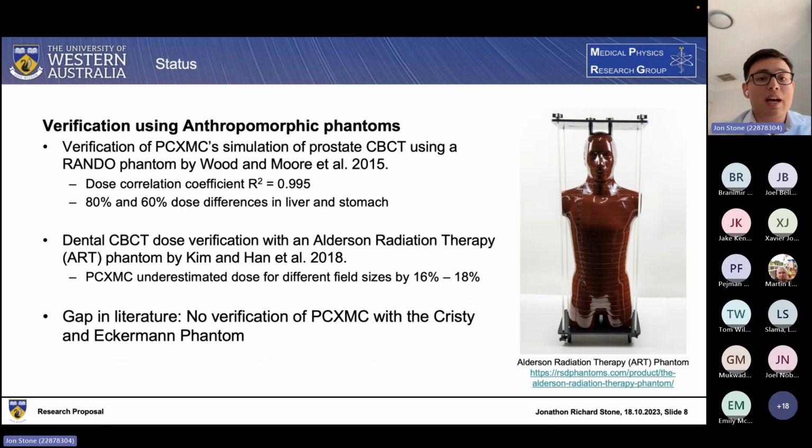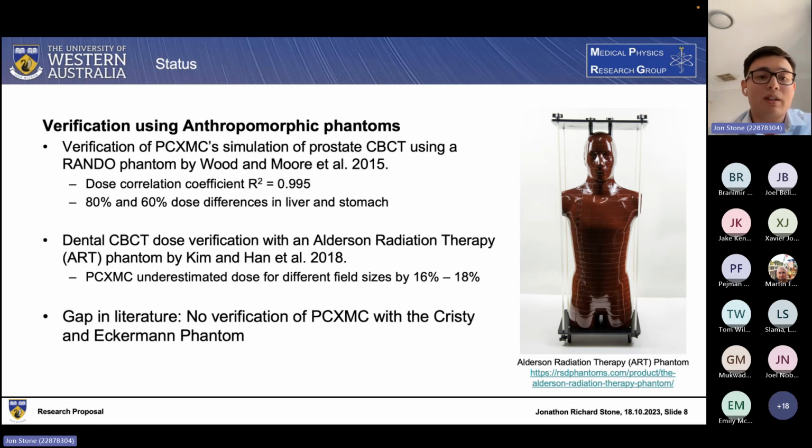A couple of studies have actually found this significant, and they've investigated the doses of PCXMC using anthropomorphic phantoms. A study by Wood and Moore in 2015 verified PCXMC simulation of cone beam CT for prostate imaging with a Rando phantom, which is a type of anthropomorphic phantom.